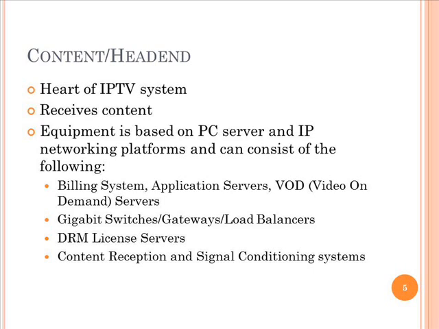Other than VOD, a lot of this is equipment that you would find in an IP network. Then you have DRM license servers, content reception and signal conditioning systems. All these mentioned make up the content head end part of the system network.